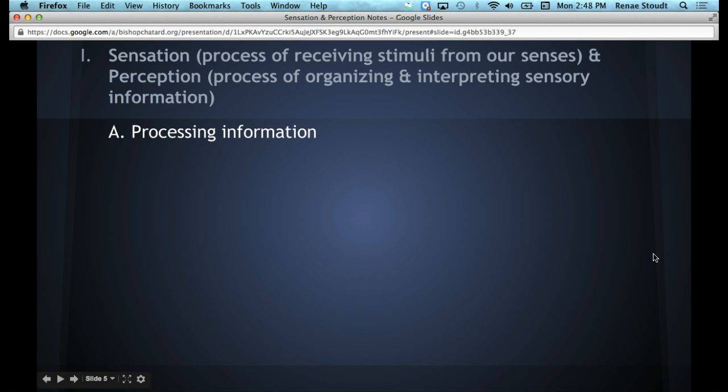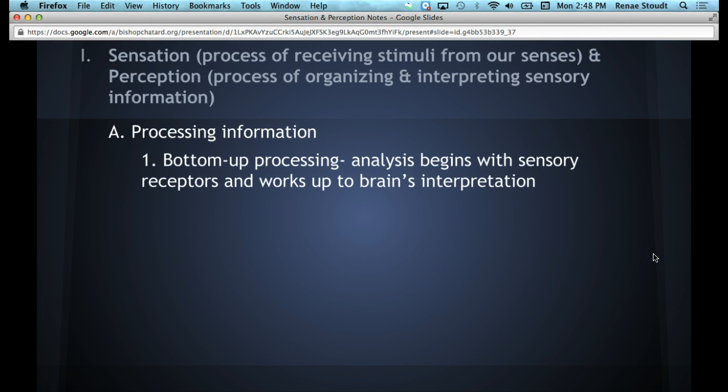So you read about for your homework, bottom-up and top-down processing. I wanted to hit those and explain them a little bit more because sometimes they can be a little tricky. So bottom-up processing is where you get the information from your senses, and it works up to your brain for interpretation.